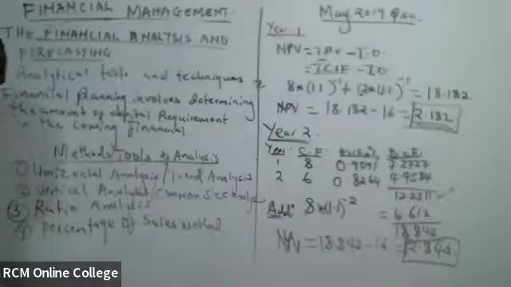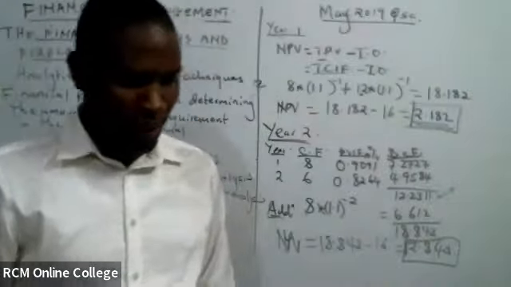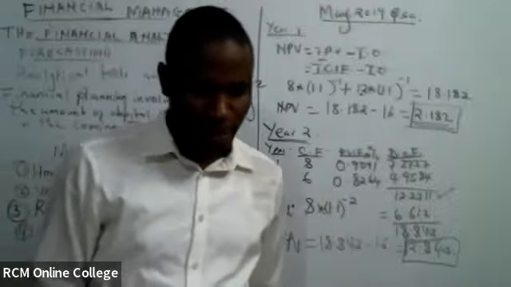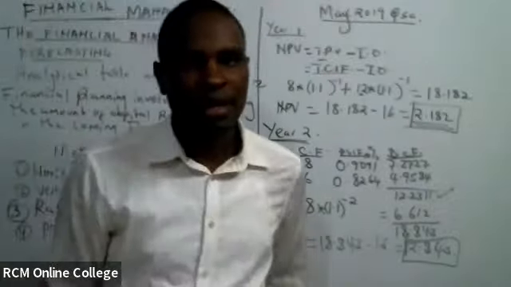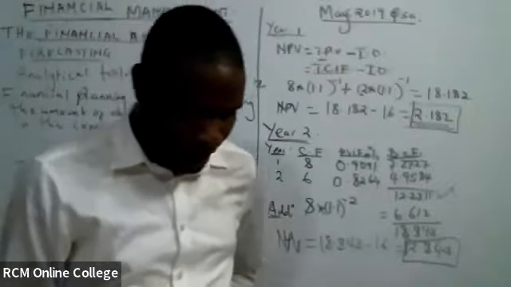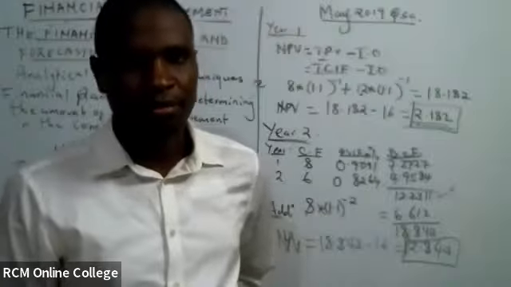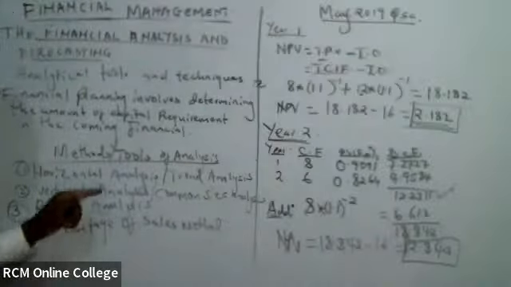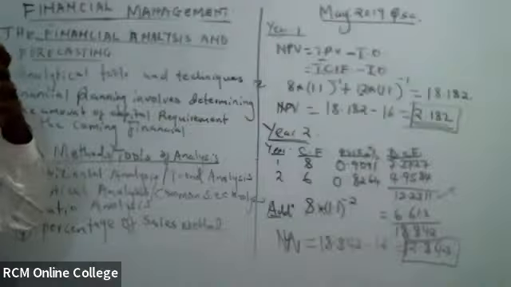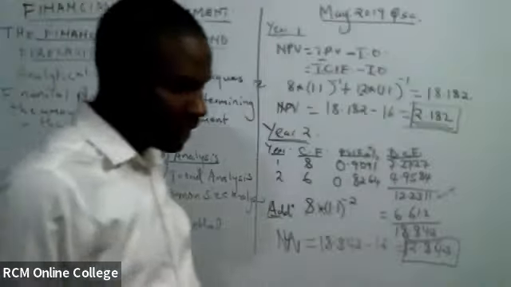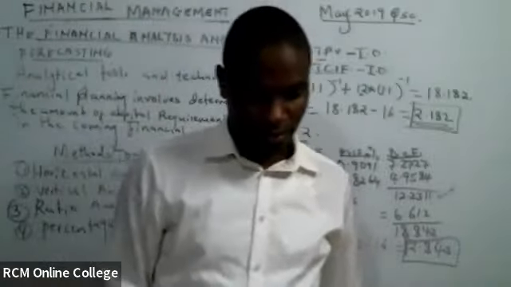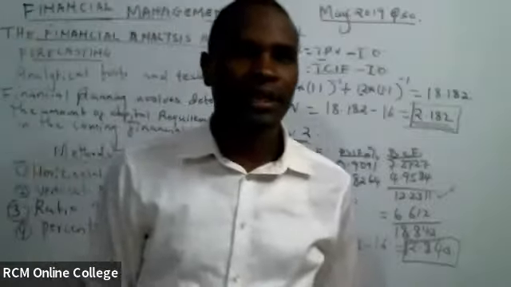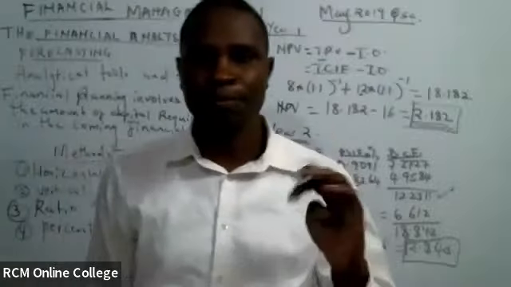So vertical analysis or common size method. You say that common size analysis evaluates financial statements by expressing each line item as a percentage of base amount.